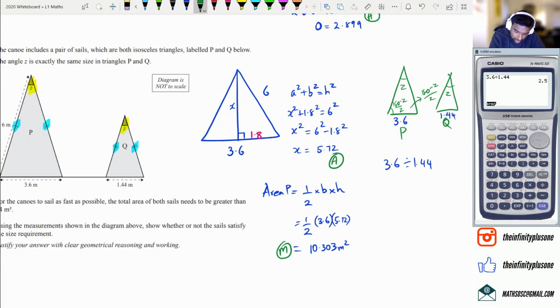But anyway, let's go back to the ratio. The ratio we found by dividing 3.6 by 1.44 gives us a ratio of 2.5.